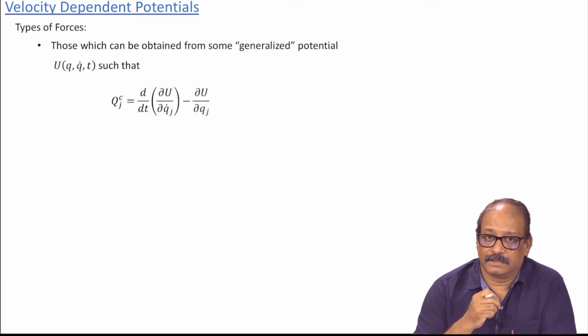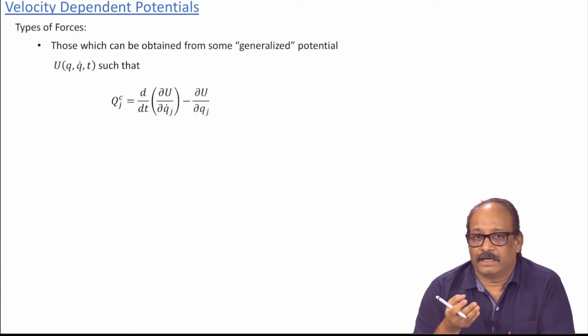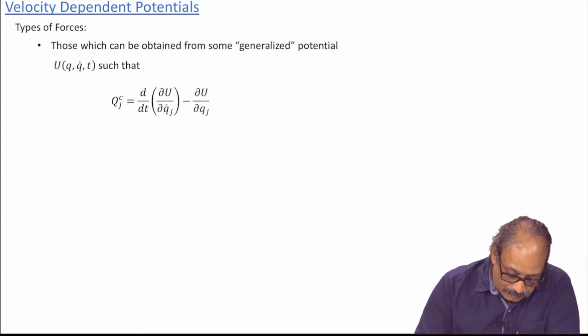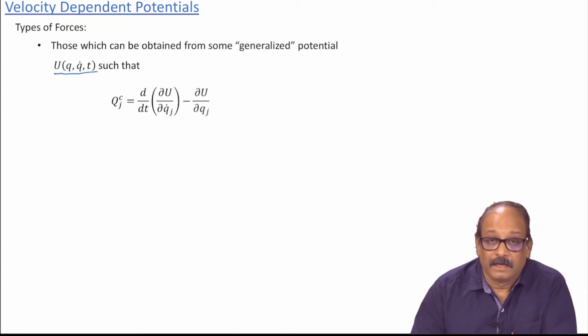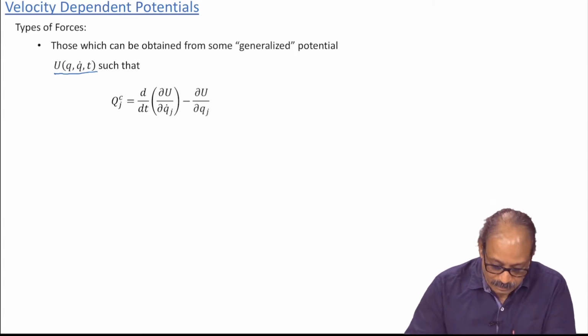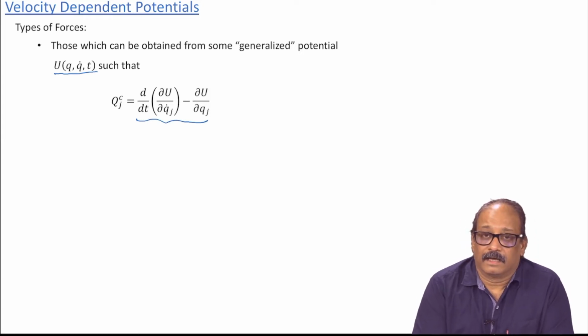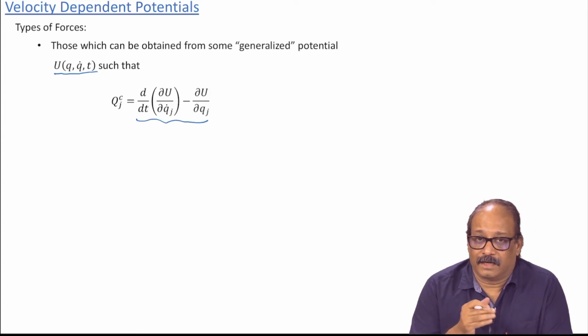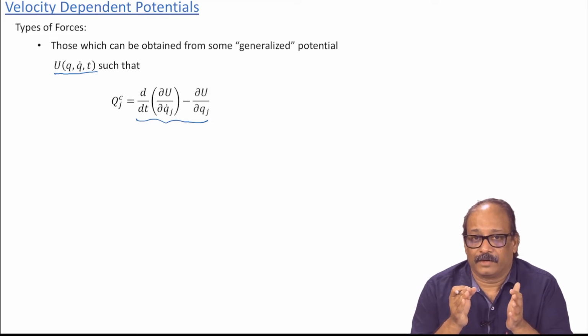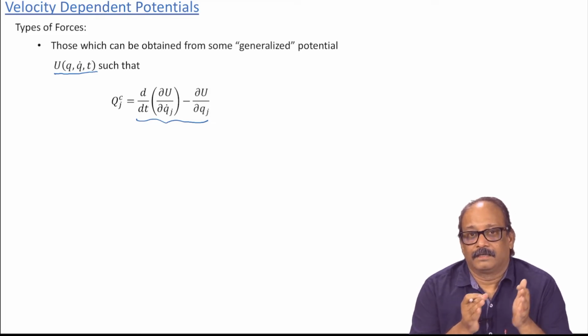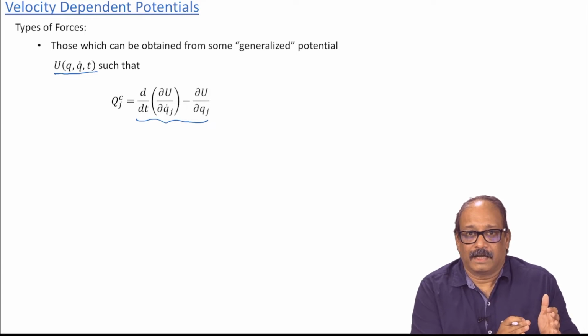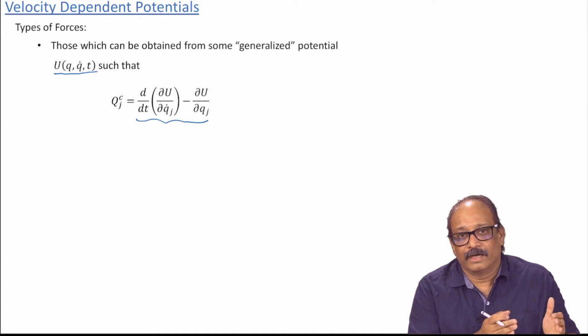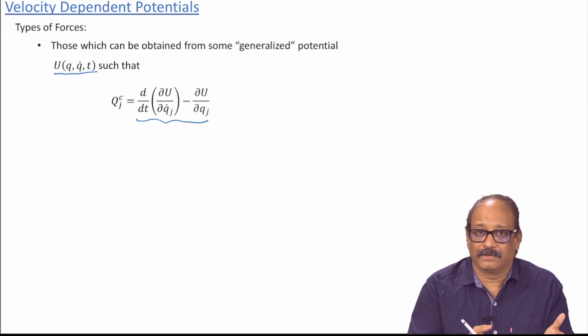If you look at these equations very carefully, all that I really want is some potential here which gives me the generalized force by a definition like this. If it does, then I can still take the potential U to the left hand side of the equation and calculate T minus U as the Lagrangian, and everything will be all right.